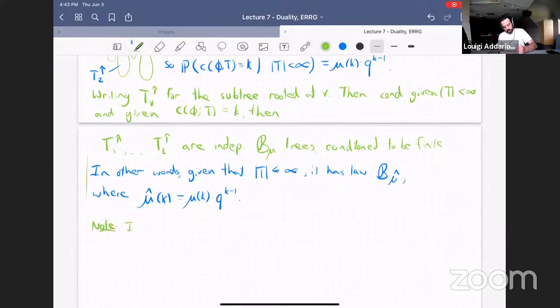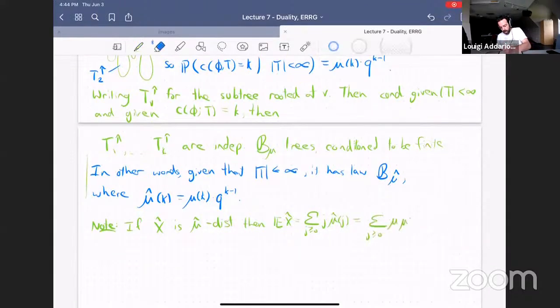So if X hat is mu hat distributed, then what's its expected value? That's the sum over j at least 0 of j mu hat of j, which we can write as the sum over j at least 0 of j mu of j q to the j minus 1.